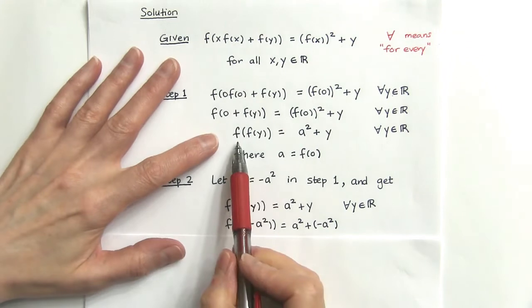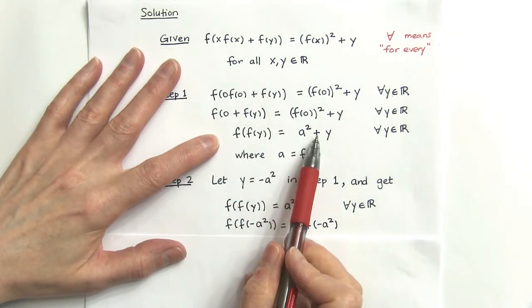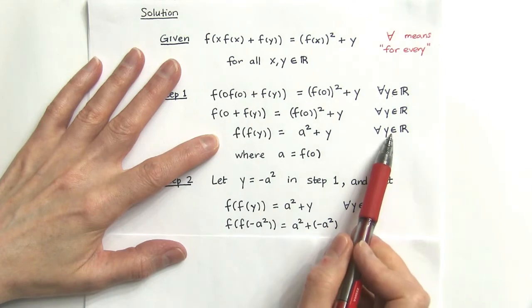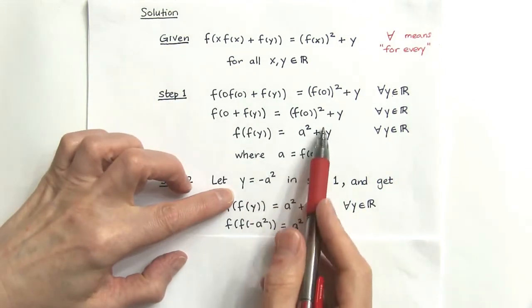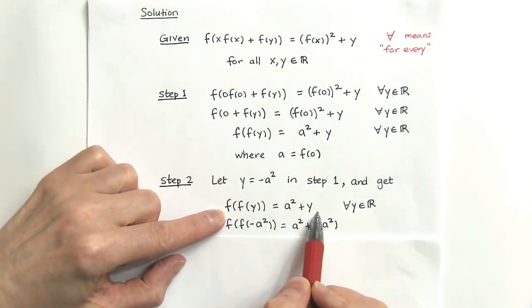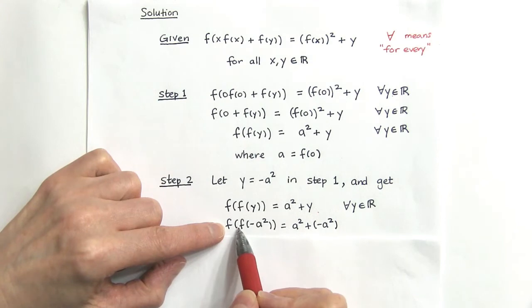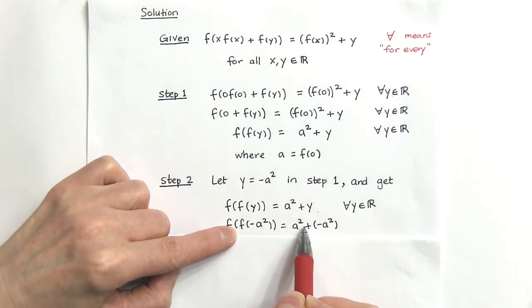So from step 1, I know that f evaluated at f at y is a squared plus y for every real number y. Setting y equal to negative of a squared in this expression, we get f evaluated at f at negative a squared is a squared plus negative a squared, which is 0.